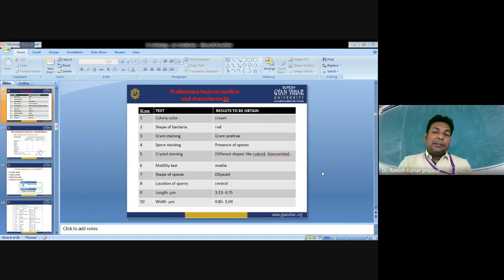Now we take the preliminary tests, and see how we can confirm and characterize the proteins. Based on colony color, the result obtained is creamy color. The bacteria are rod shaped and gram-positive. These are the features of the bacteria based on these tests. Spore staining shows whether spores are present or not.